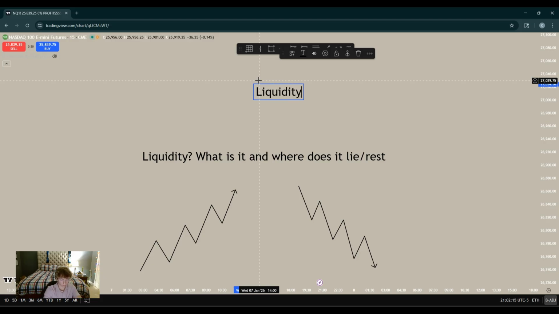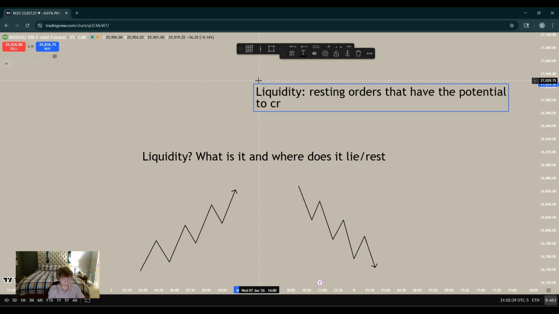Liquidity is resting orders that have the potential to create a reversal or bounce in price.